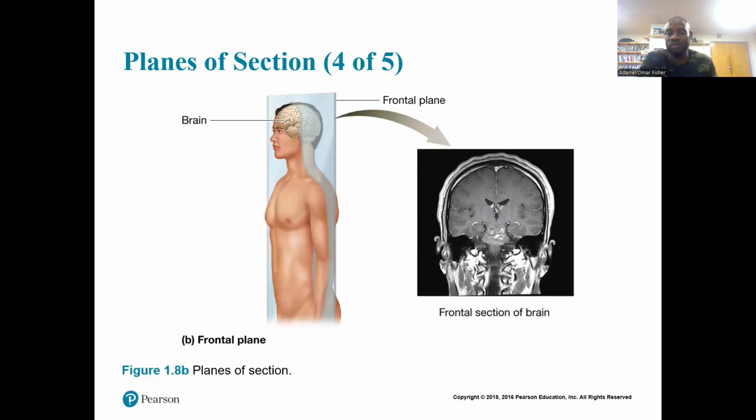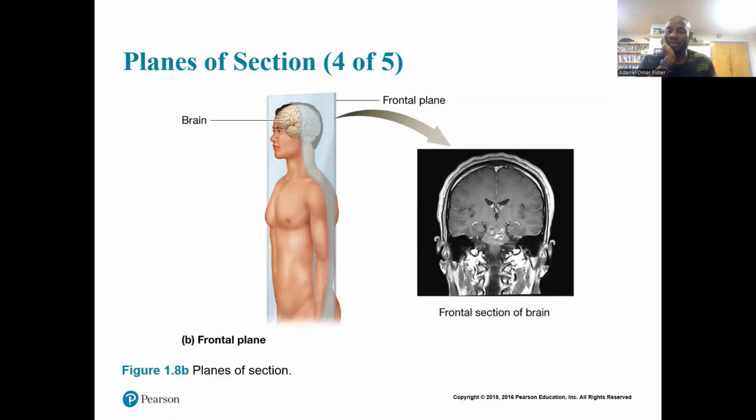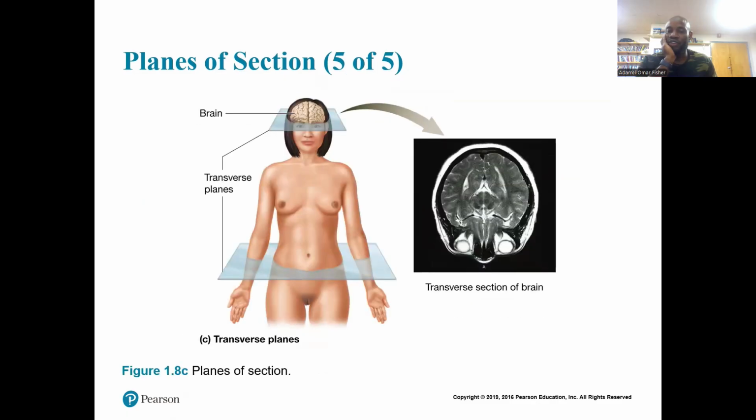So if we looked at the brain on a frontal section, you notice it looks a little bit different than if we did it sagittally. Frontal, and then there's a transverse look at the brain.